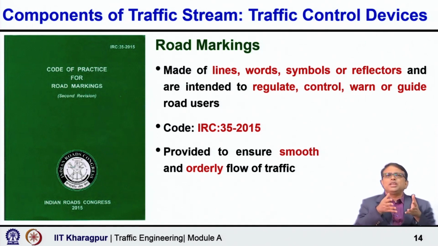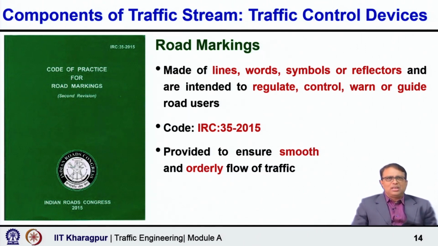So, what is basically road markings? Made of lines, words, symbols and reflectors, and are intended to regulate, to control, to warn or guide road users.